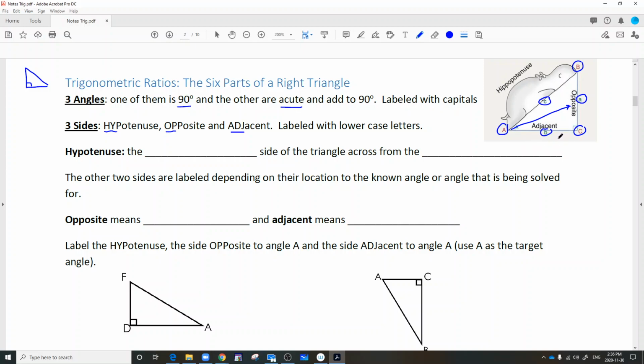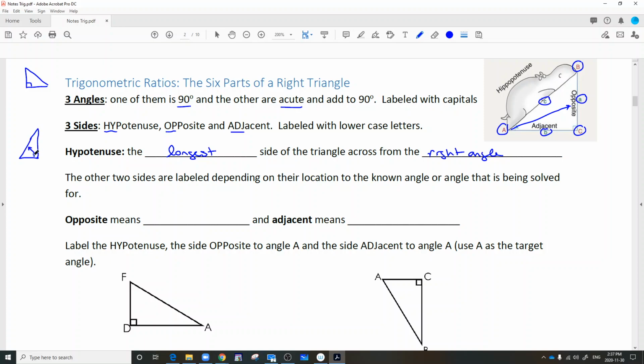Now let's talk about hypotenuse, opposite, and adjacent. The hypotenuse we've already discussed is always the longest side of your triangle, and it's across from the right angle. And that's what makes it the longest side. The largest angle is going to open up and have the largest side across from it. So for example, in a right triangle, see this side across from the 90-degree angle?